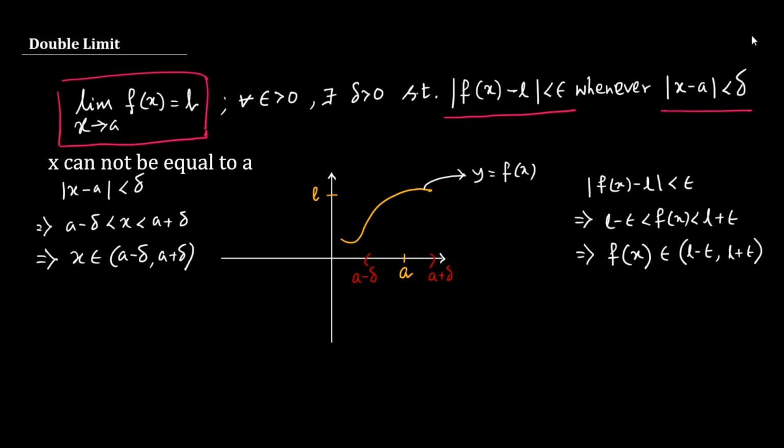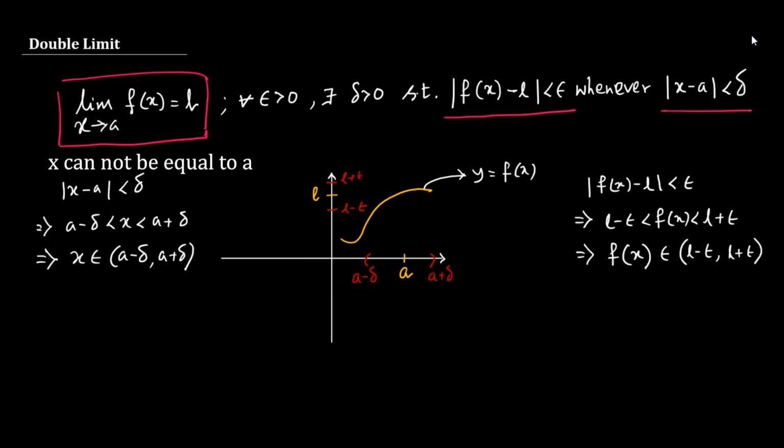So if we plot it again, this is an interval of length 2 epsilon. Say this is my L plus epsilon, this is my L minus epsilon. What the definition tells is that whenever x, the variable point, lies in this open interval (a minus delta, a plus delta), the value of the function f(x) will lie in the interval (L minus epsilon, L plus epsilon).